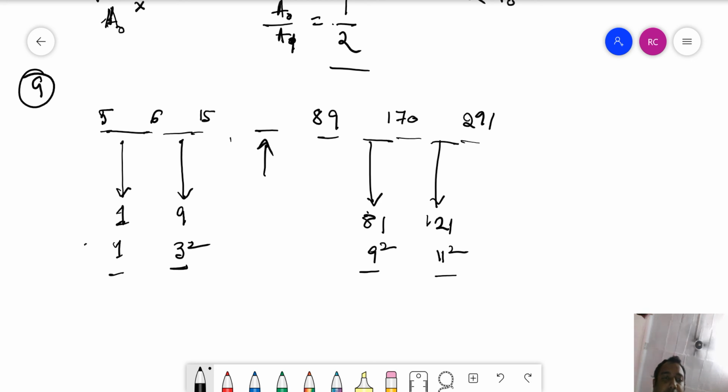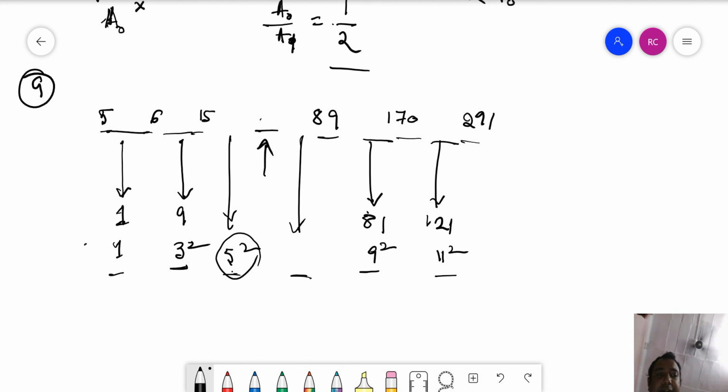Since they're squares of the odd numbers, we can put a guess, because there are odd numbers whose squares are missing, which is 5 squared. Now let us put in 5 squared and see how much this number would come to.